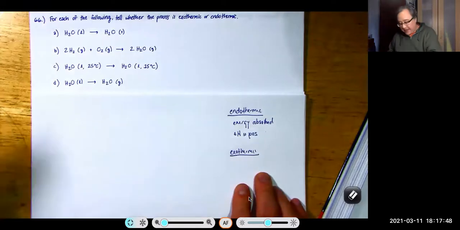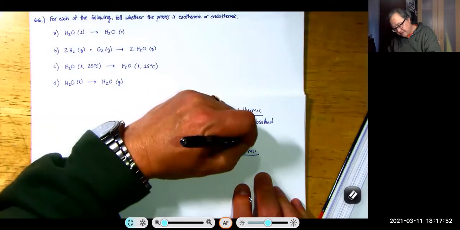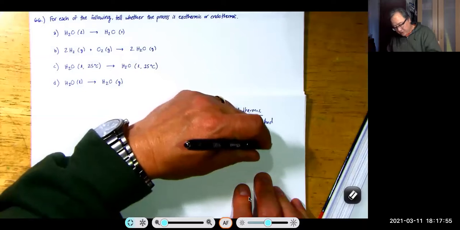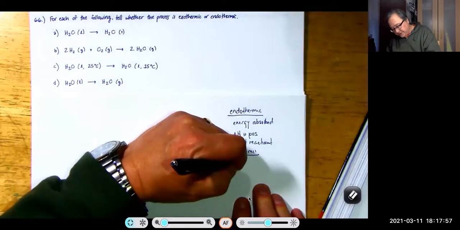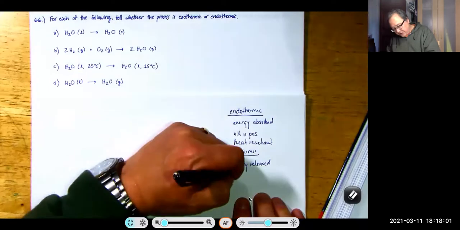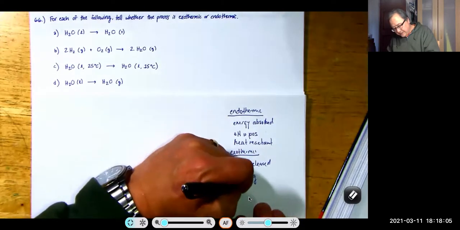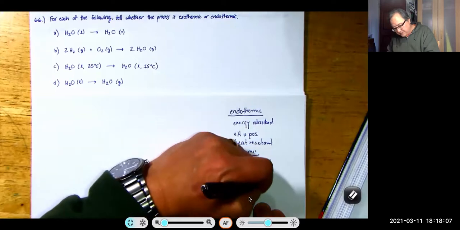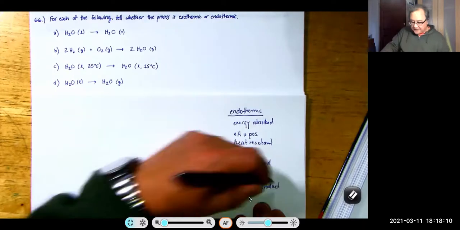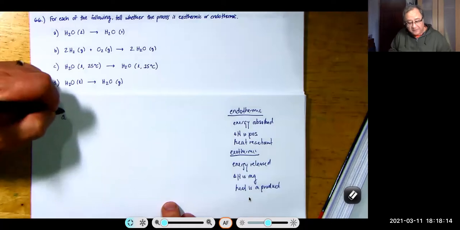Heat is a reactant. So here, energy is released. Delta H is negative, and heat is a product. So we can keep these things in mind when we assign whether or not these things are endothermic or exothermic.